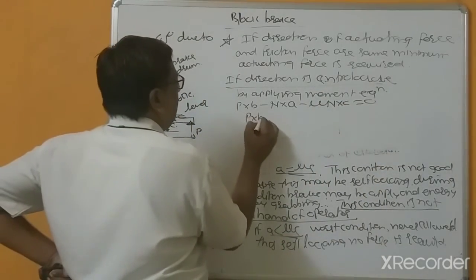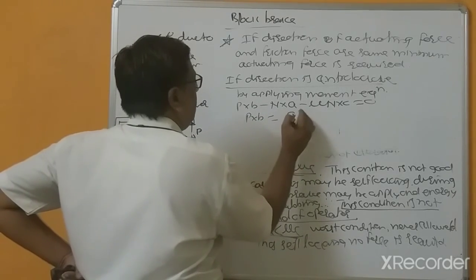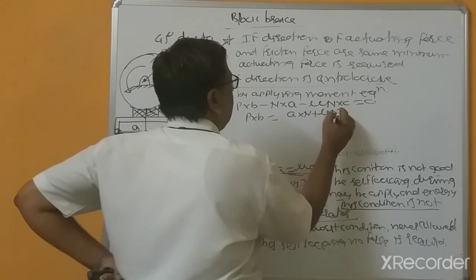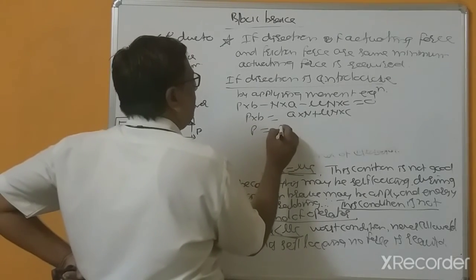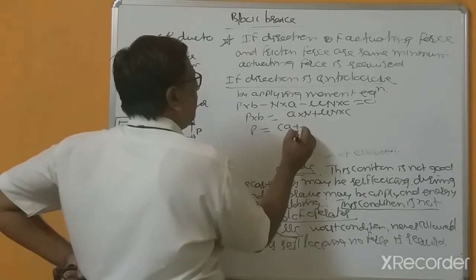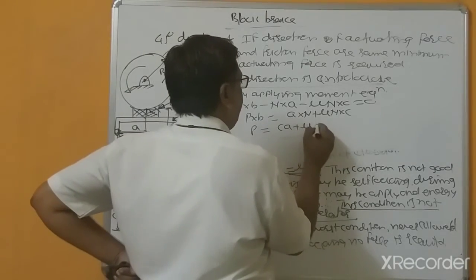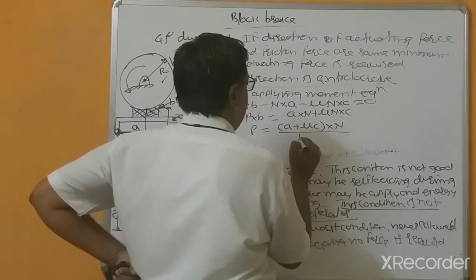So P into B equals A into N plus mu N into C, or P equals A plus mu C into N divided by B.